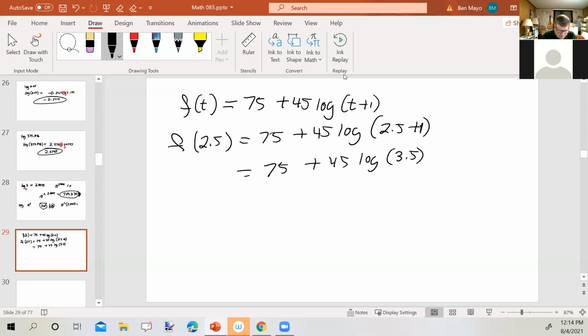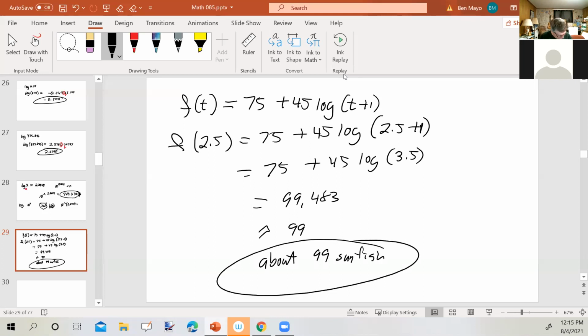So on my calculator, 75 plus 45 times the log of 3.5, and I get 99.483. So rounding to the nearest fish, about 99 sunfish. Any questions there?